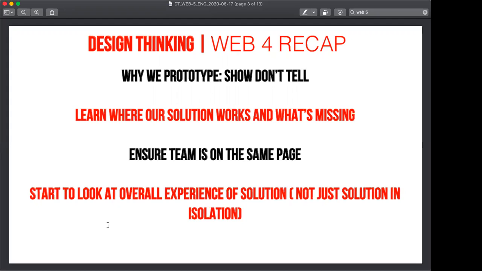So it's really valuable for that as well. When we prototype, we also want to start to think about our solution, not just in isolation, but the overall experience and the overall environment where our solution will be set.